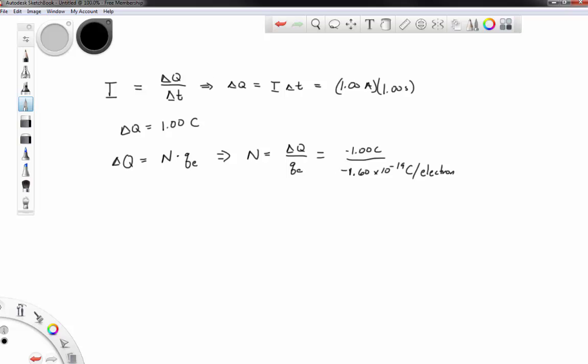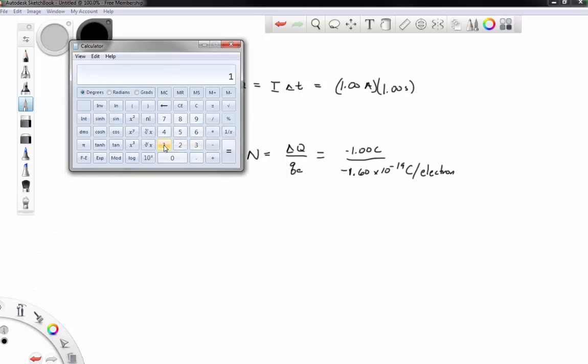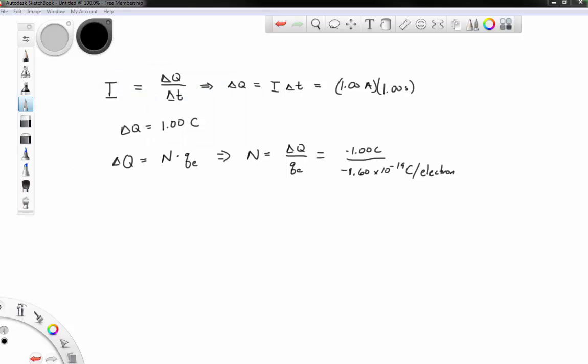So we take our calculator out and we take this number, 1.60, and we divide 1 by it. So 1 over x does that for us. So that's 0.625, and this 10 to the minus 19 just becomes a 10 to the plus 19, so this tells us that the number of electrons should be 6.25 times 10 to the 18.